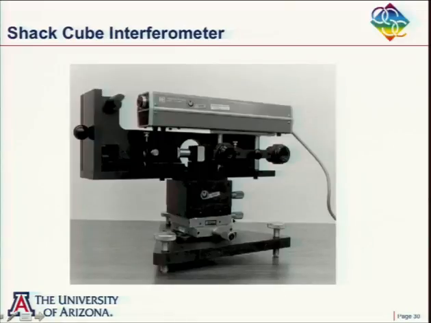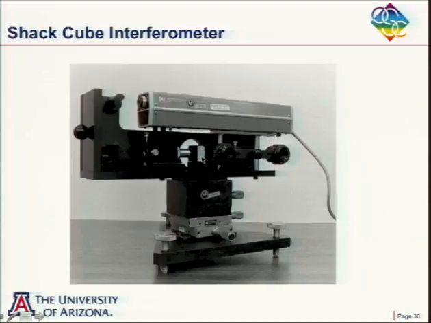So this is our XYZ stage, and the laser coming around here, and a microscope objective focusing the light on the pinhole that's on the cube. And then the light to the mirror would go out into the screen that you're looking at, and come back here, and here are the eyepieces that you would use to look at the interference fringes.